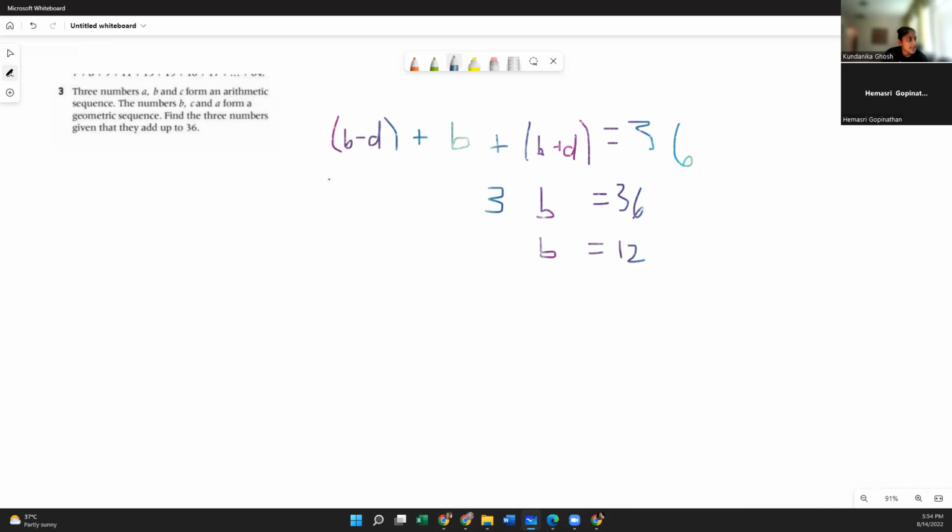In this case, for the geometric series, B is your first term. So you can write 12 plus, C is going to be 12 times the common ratio, so you have 12R, correct? And then A is going to be 12R times the common ratio, so just 12R squared. Good?